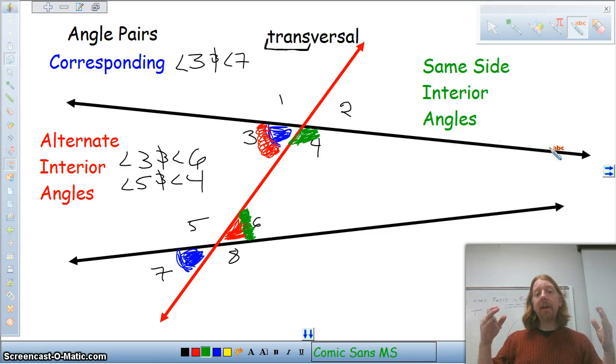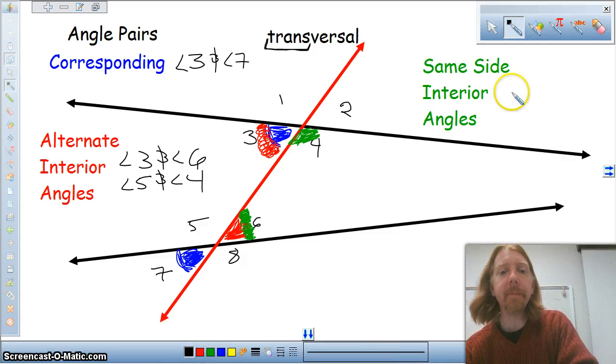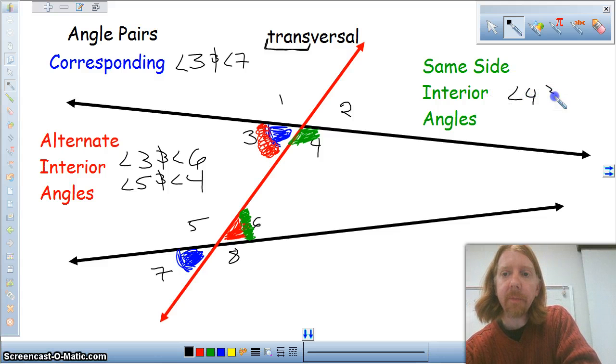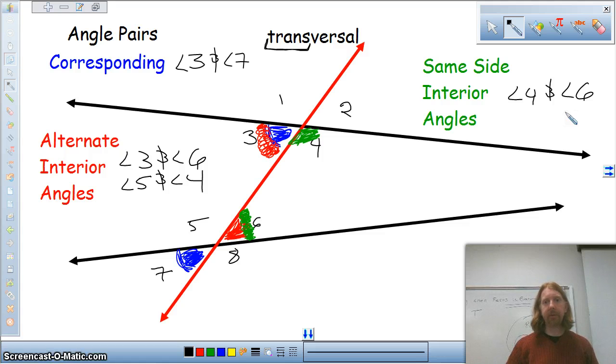So if they're on the same side of the transversal and on the interior, that's the same side interior angles. That will be the name of the pair. So angle 4 and angle 6, same side interiors. Now there are other pairs of angles there. For example, 3 and 5 are same side interior.